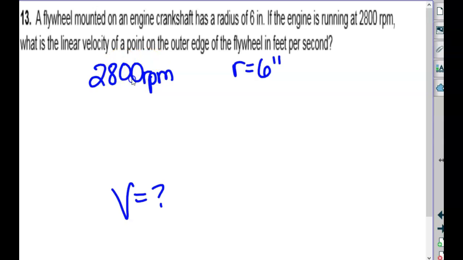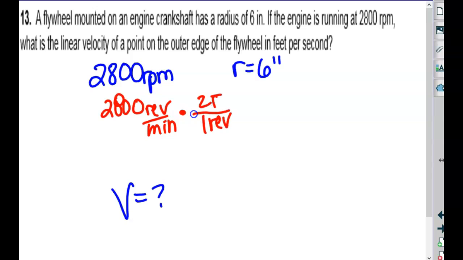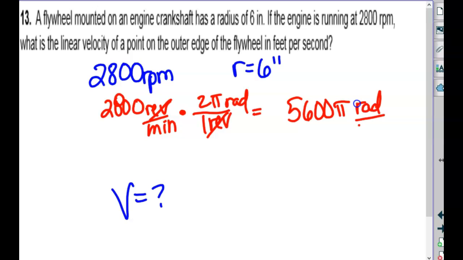Can I use revolutions per minute? No. So how do I change 2,800 revolutions per minute into an angular velocity? One revolution is 2 pi radians, which gives me 5,600 pi, don't lose pi, radians per minute.